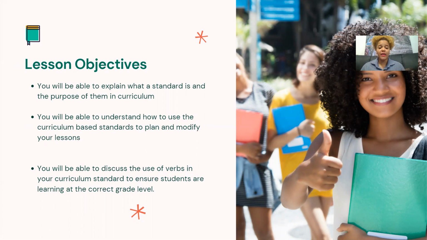You should also be able to understand how to use the curriculum-based standards to plan and modify all of your lessons. Lastly, you should be able to discuss the use of verbs in your curriculum standard to ensure students are learning at the correct grade level. So that really sets our tone for what we're trying to do, and we're going to hit these three targets. I just know that we are.